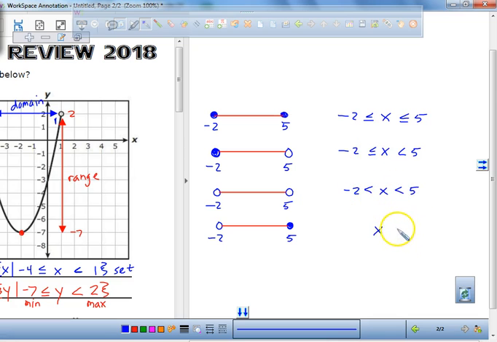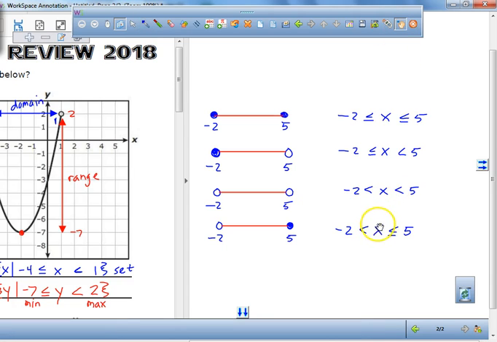So what am I going to do here? I'm going to make this what? Less than or equal to? And what about this side? Just a greater. Now that is a less than sign, but here's how you have to read. So right here, follow the hand. This means x is greater than -2, but x is also less than or equal to a 5.